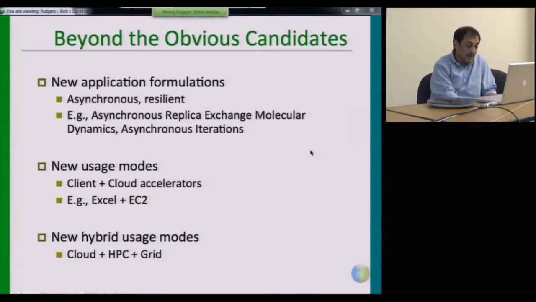And then one can think about end-to-end application workflows that have components that are more suited for HPC environments and grids, and then there could be other pieces of the workflow that would be more suited to clouds. For example, you could do a lot of small experimentation on clouds, which tend to be more quickly and readily accessible.